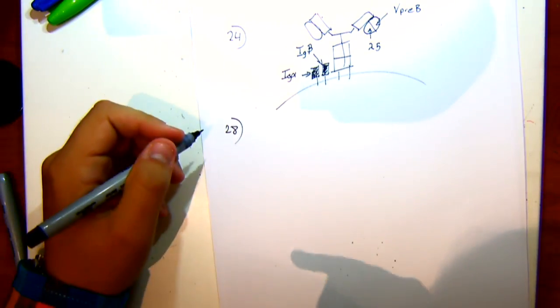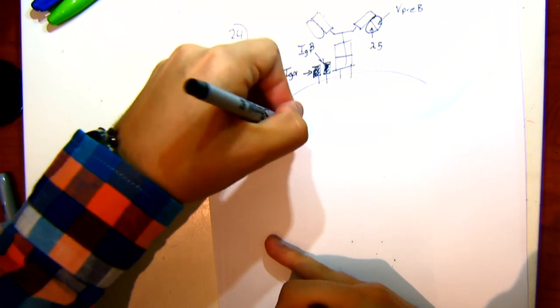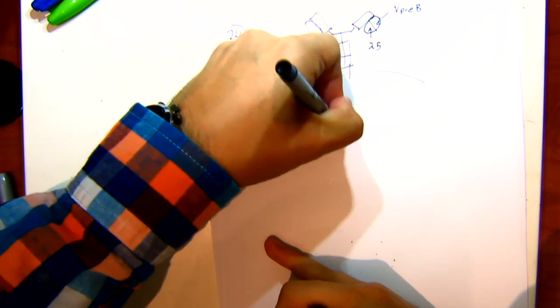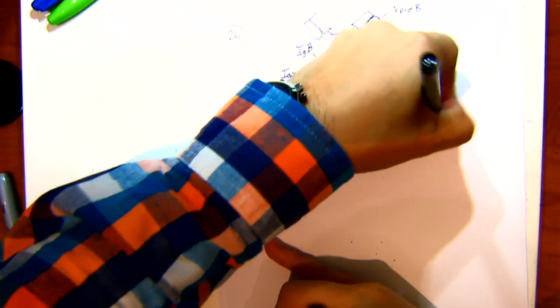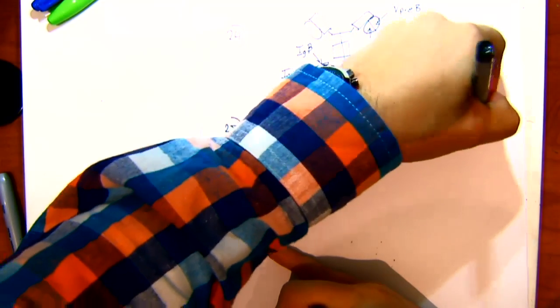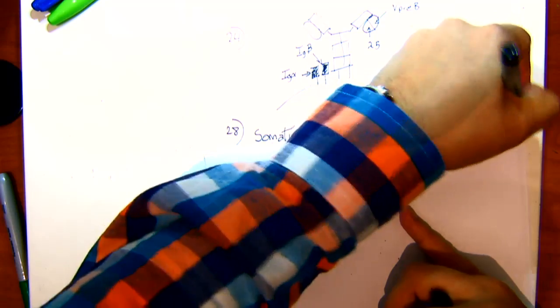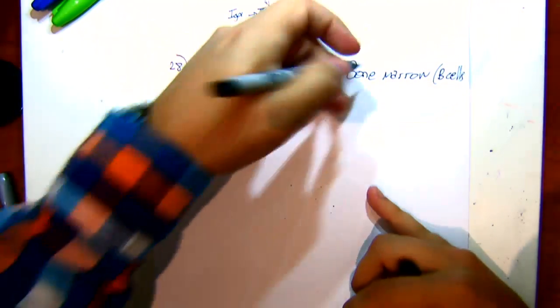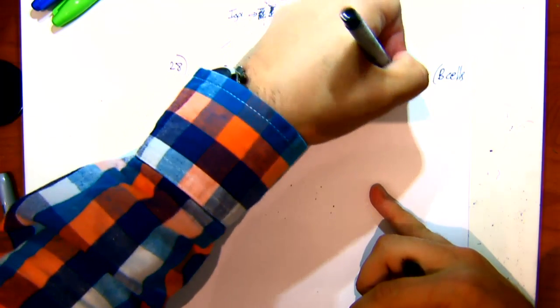Somatic recombination will happen in your bone marrow for B cells, and in your thymus for T cells, right?